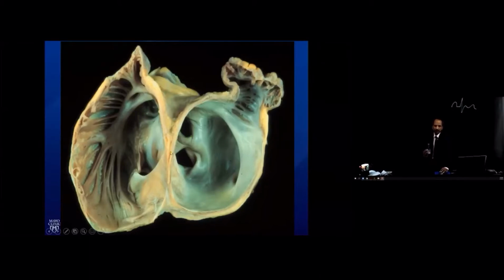You'll notice the interatrial septum is actually a very small structure where it's truly a septum. You poke on one side and you're out to the other. Everywhere up anterior, as we go up towards the head anteriorly and superiorly, there is no septum. It's a separation of the right and left atrium with pericardial space and tissue in between.